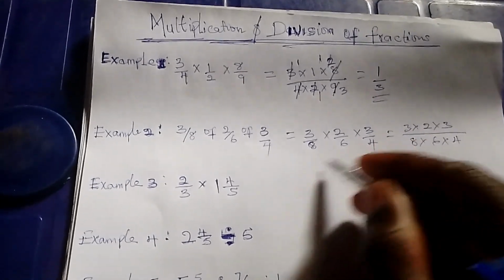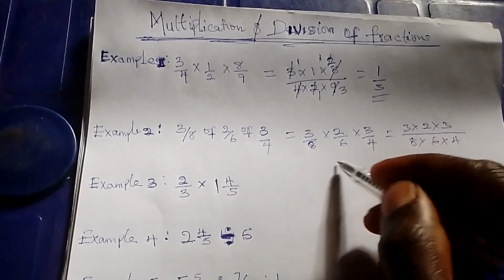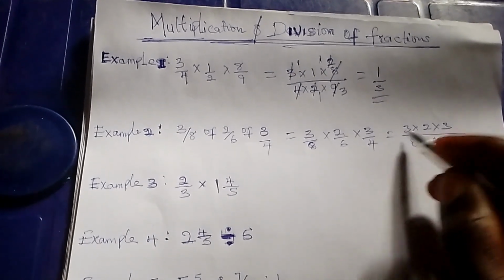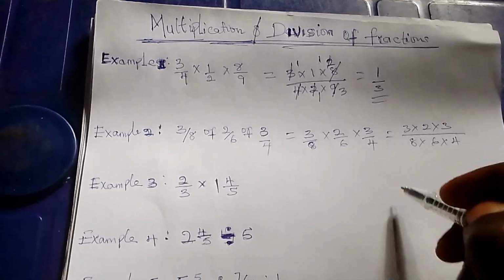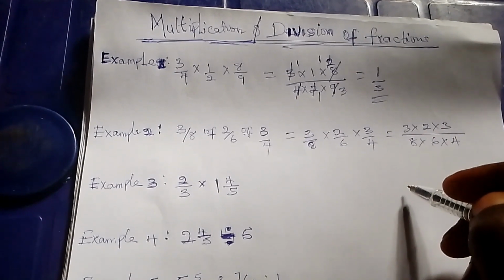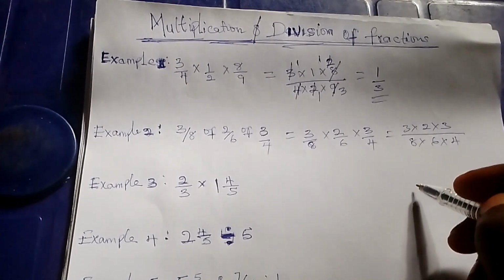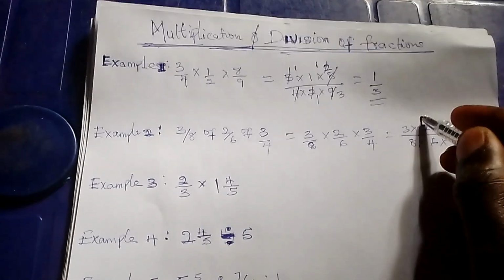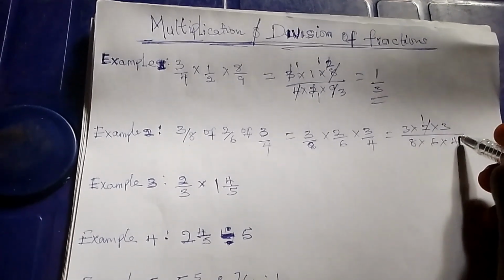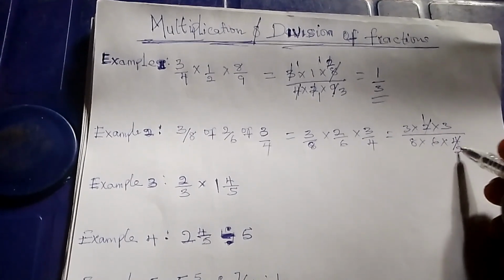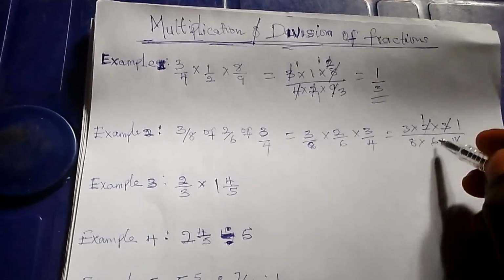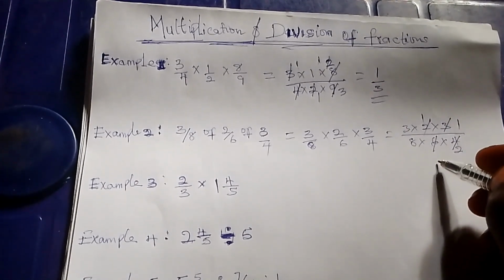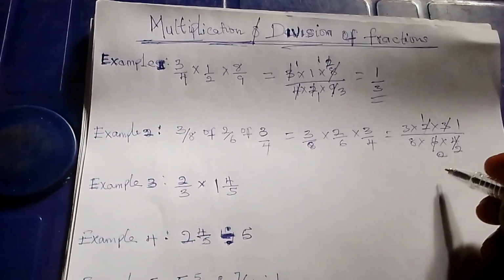You can do the cancellation here, but for clarity's sake, let's multiply the numerators first and the denominators. So in this case, I look for the cancellation. 2 cancels 2, 2 divided by 2 gives us 1; 2 divided by 4, you have 2 here. 3 divided by 3 is 1; 3 divided by 6, you have 2 here.